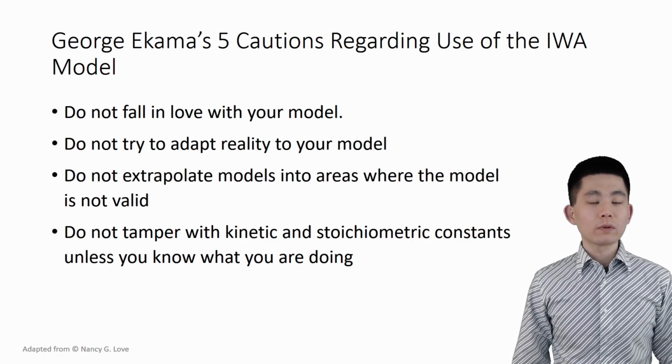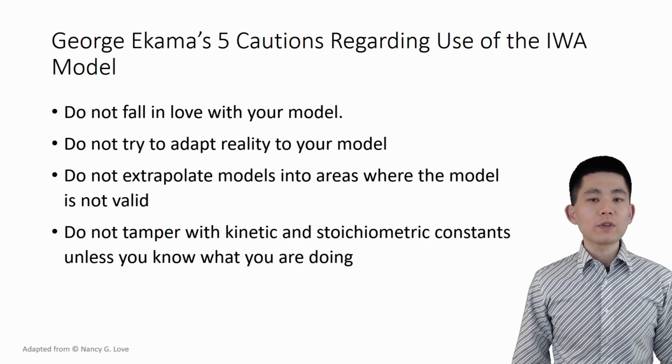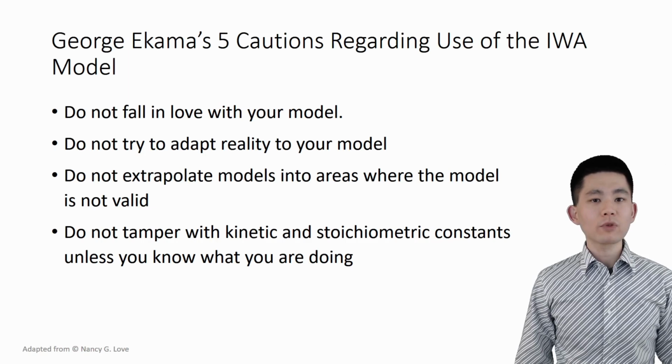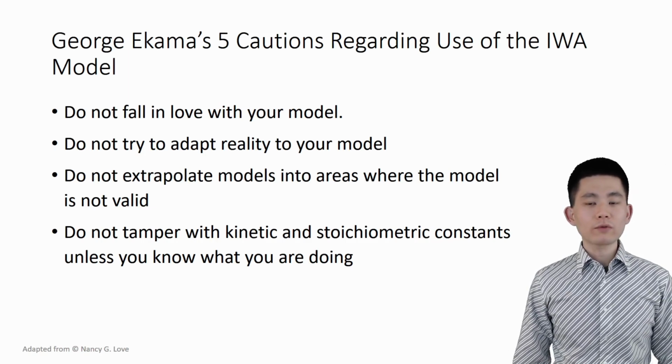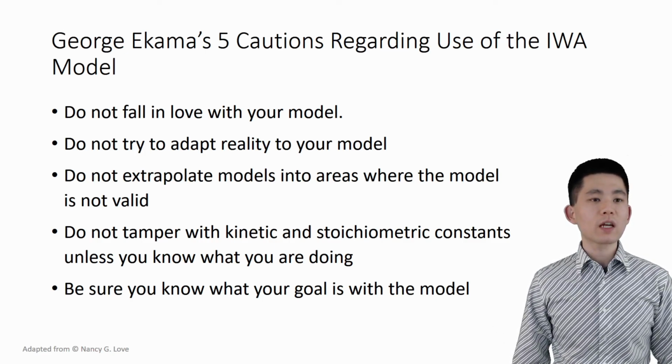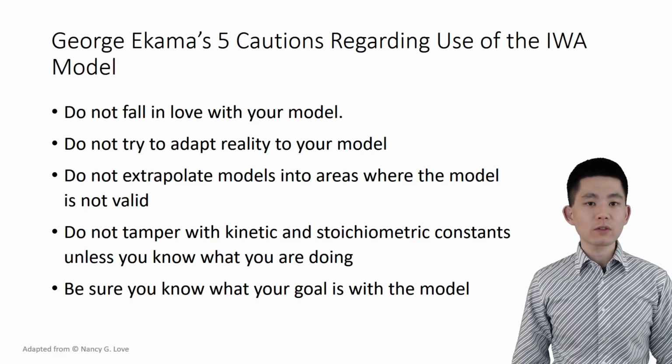For example, you want to be cautious if you get a lower maximum specific growth rate for aerobic heterotrophs than anoxic ones or autotrophs, because it is thermodynamically unlikely. Lastly, you want to be clear about the goal of your model so that you can make the correct assumptions and compromises without sacrificing too much accuracy.